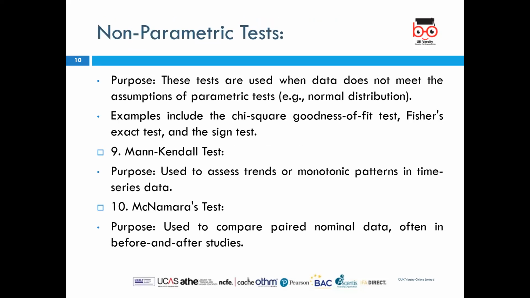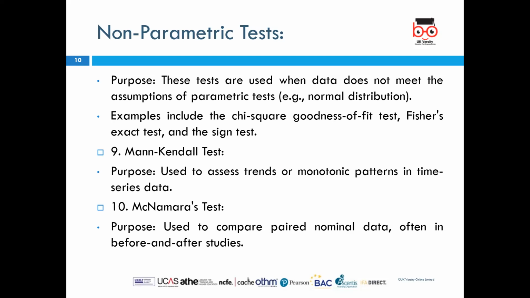Then we look into the non-parametric tests. These tests are used when data does not meet the assumptions of normal distribution. So examples include the chi-square goodness of fit test, Fisher's exact test, and the sign test. Next, we have the Mann-Kendall test, which is used to assess trends or monotonic patterns in time series data.